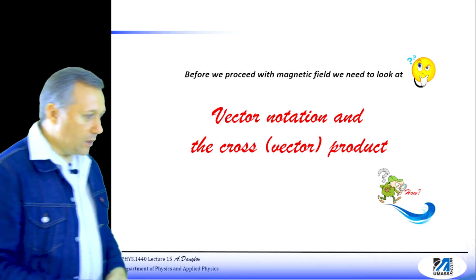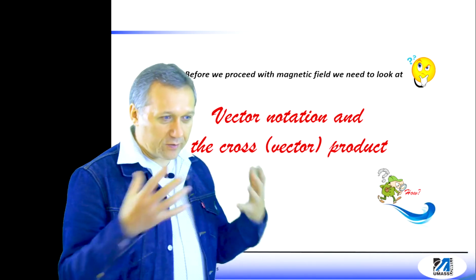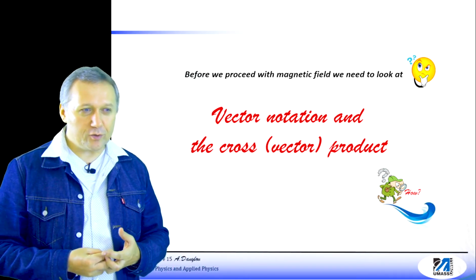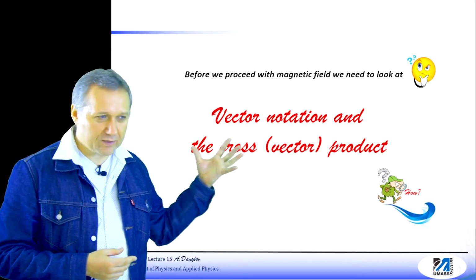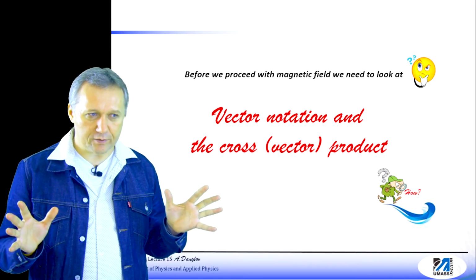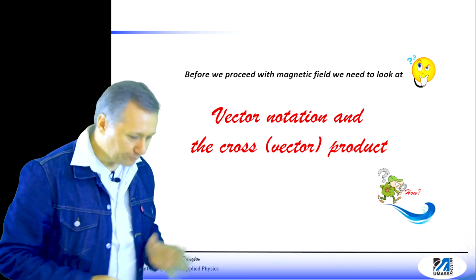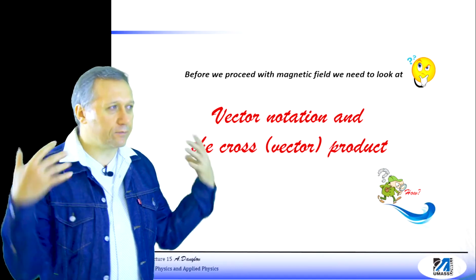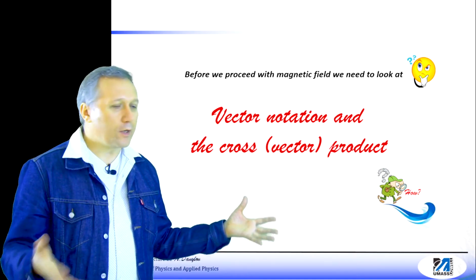But now the pictures are going to be more complicated in the world of magnetism, and we need to refresh a few things, most of which you heard in physics 1. First of all, in this world of magnetism, every problem is going to have, most of the time, three unique directions.